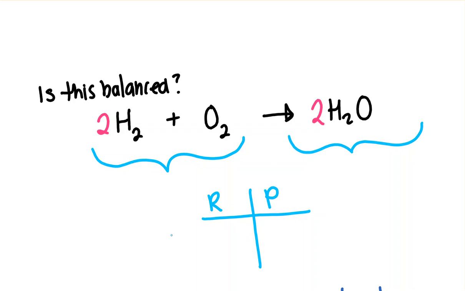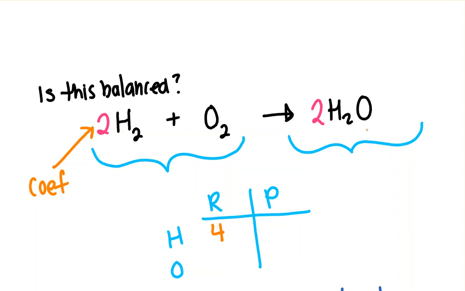In the reactants, I'm going to look at each element. I have 2 elements. In the reactants, how many hydrogen atoms do I have? Well, this 2, by the way, is a coefficient. That 2 multiplies through. And so 2 times 2, I have 4 hydrogen atoms before the reaction.